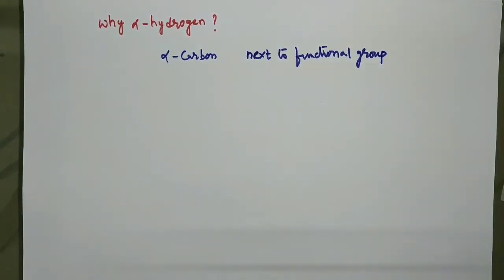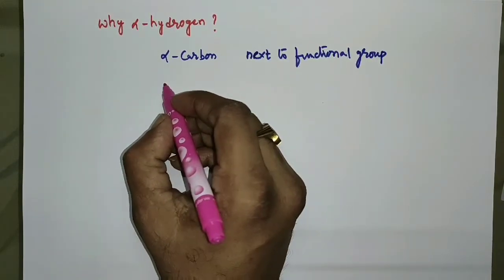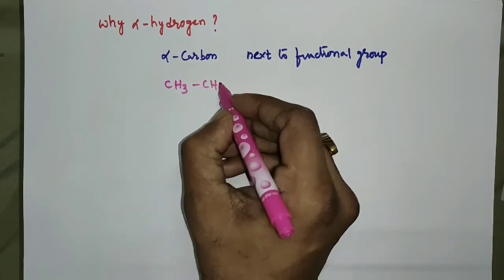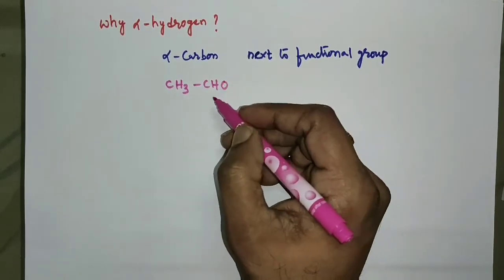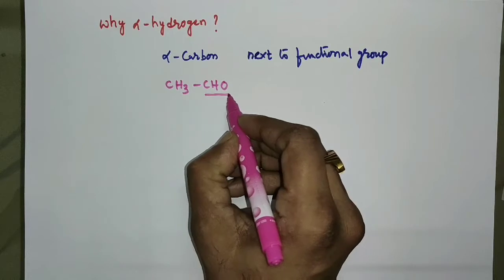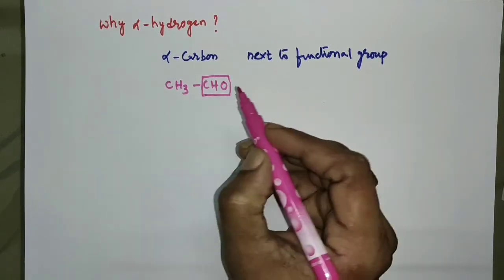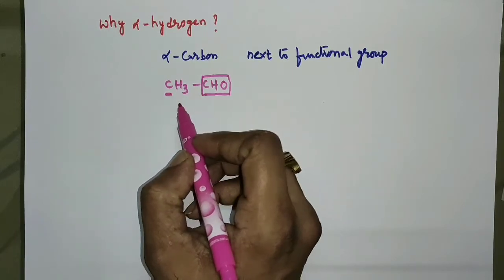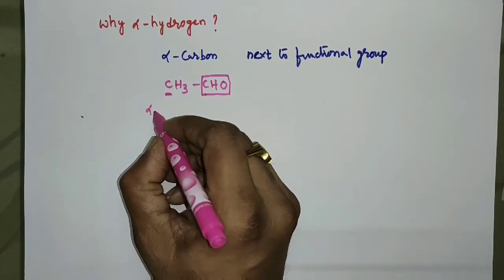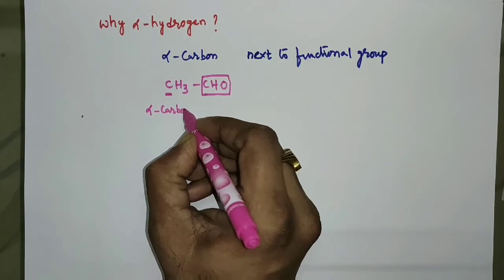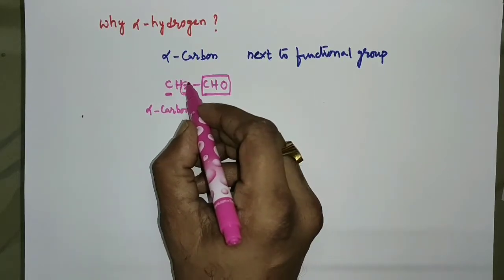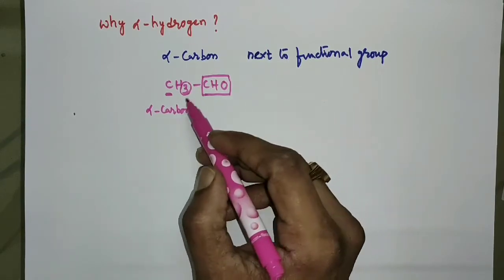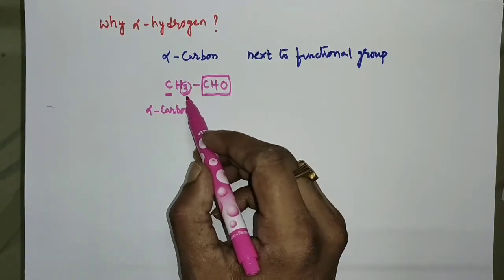For example, in acetaldehyde we have a functional group CHO. Aldehyde group is functional group here, and this is the carbon atom next to aldehyde. So this is alpha carbon, and all these 3 hydrogen atoms bonded to alpha carbon are alpha hydrogen atoms, and these alpha hydrogens are essential for aldol condensation.